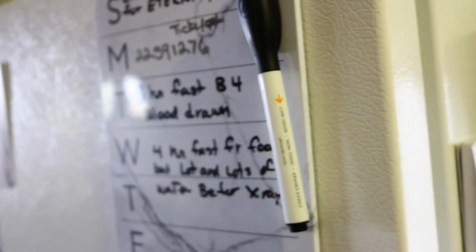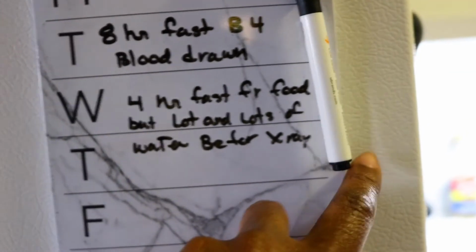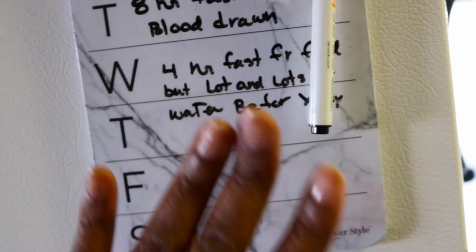If you have a little clipboard like this on your fridge, I tell you, this is really turning out to be a favorite of mine, because when you're on the phone and you have to take notes and you're running around, you can't find a pen or a paper, all you have to do is readily go to your fridge, and I already have the dry erase and the marker for it, and you just write down.